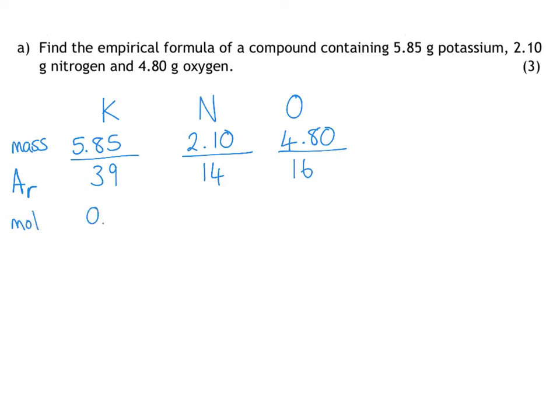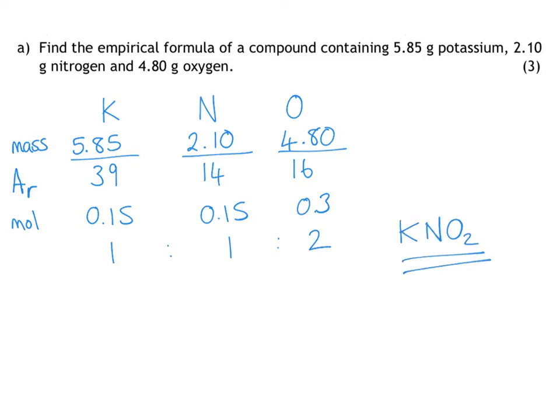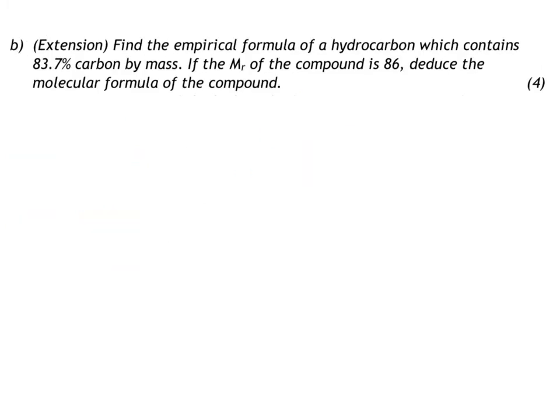So I get 0.15 moles of potassium, 0.15 moles of nitrogen, and 0.3 of oxygen, and quite easily I can see that my ratio is 1 to 1 to 2. And what I mustn't do is forget to actually write the formula. Don't just leave it there and go, I found my numbers.